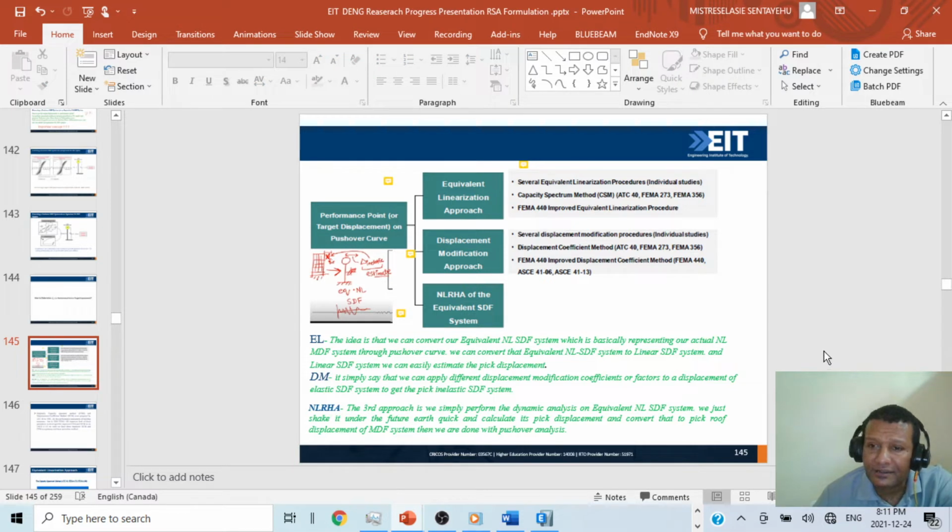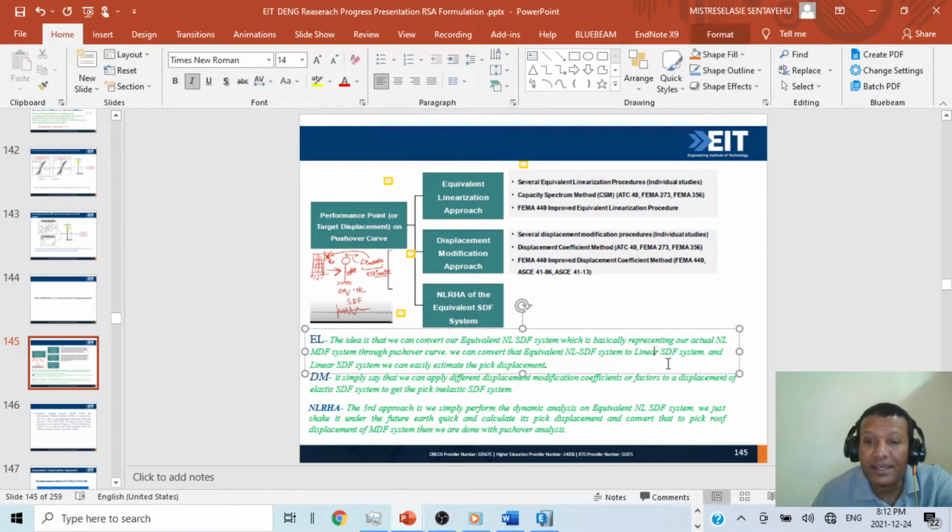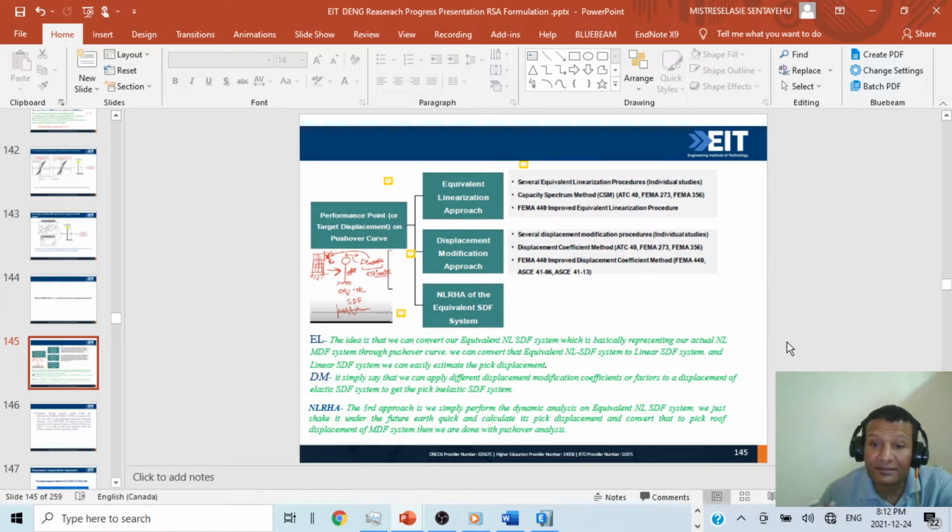That is the idea. Once we assign the hysteresis, force deformation curve, everything, then again we change that non-linear system to a linear single degree of freedom system. We will see the capacity spectrum method in detail shortly.